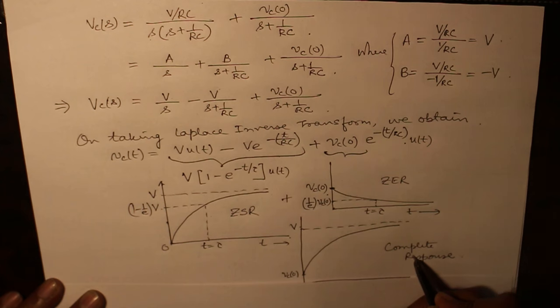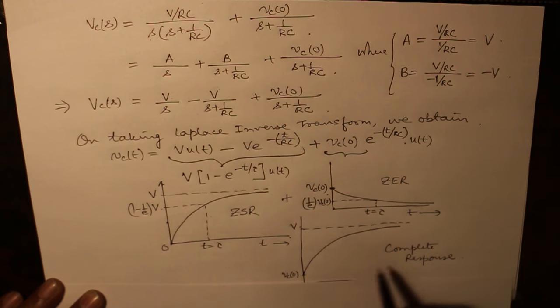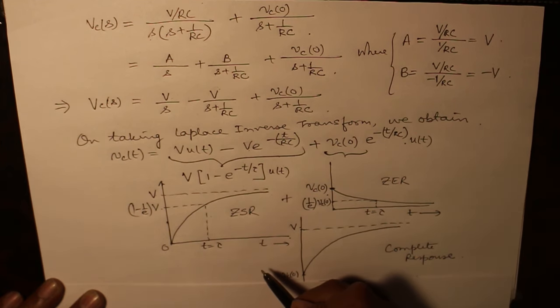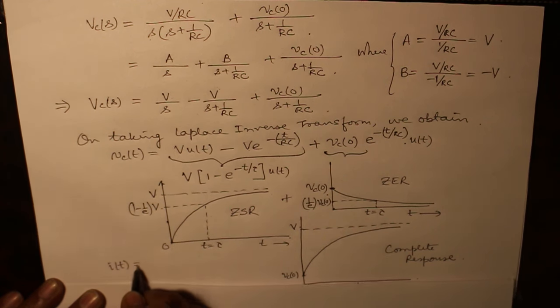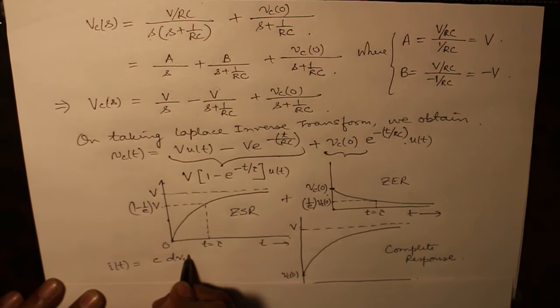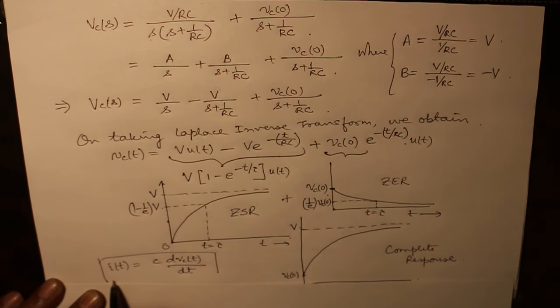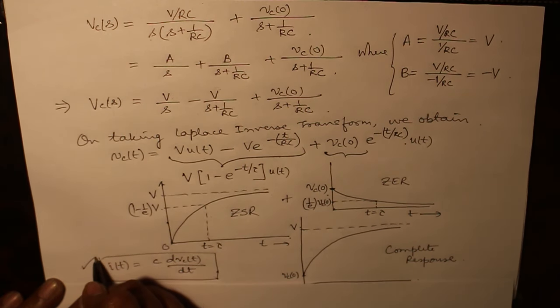Similarly, when you have to find out the response for an RC circuit, take the output response of the voltage across the capacitor, write down the equation pertaining to it, and thereafter, if you want some current to be determined in the circuit, you can very well find out iT as being equal to C dVc over dt. By this expression, you can get the value of iT as well.